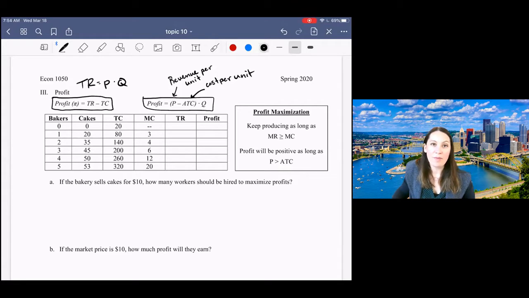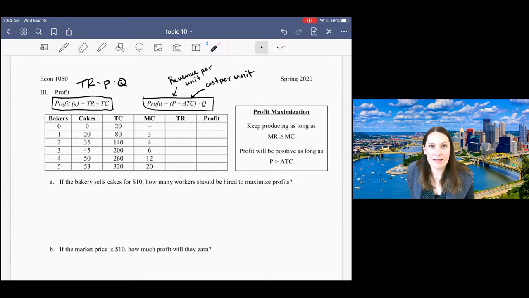So now we know how to calculate profit. Let's talk about how firms maximize their profits. The goal of any firm is to make money, and the way we say that in economics is to say that firms aim to maximize profits. In order to maximize profits, firms will sell a product only as long as the revenue they get from selling it is greater than the cost of producing it. And it seems like that should be the first rule of business.